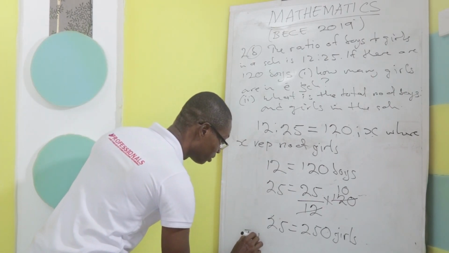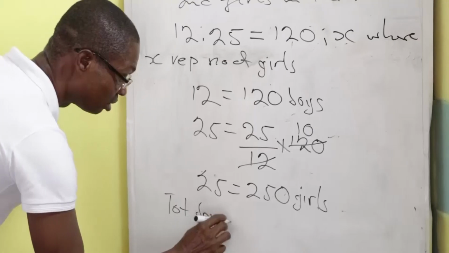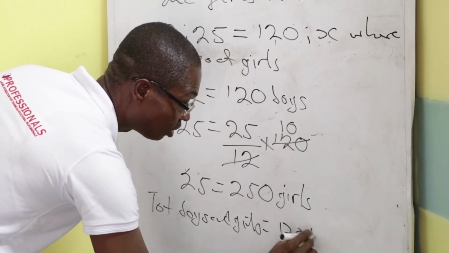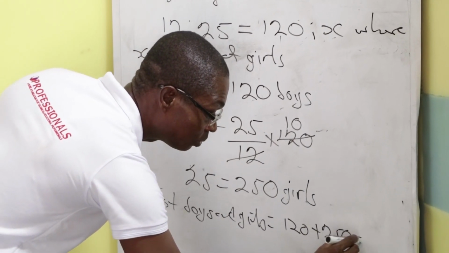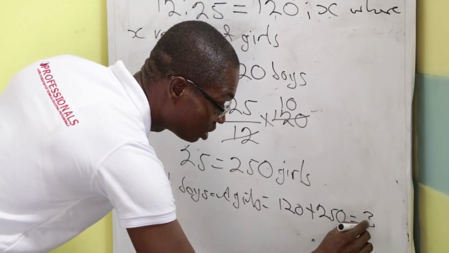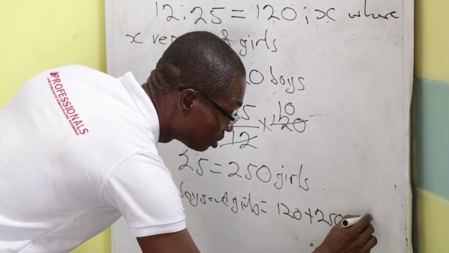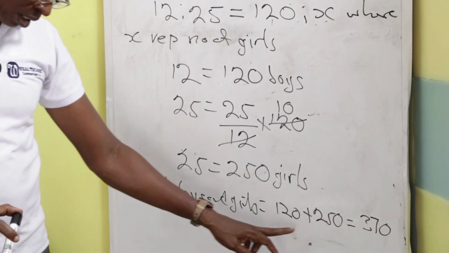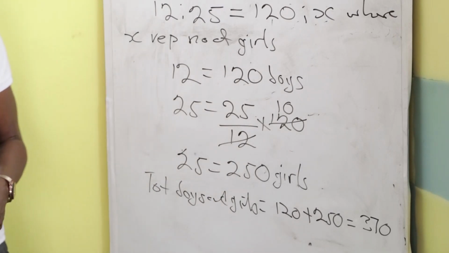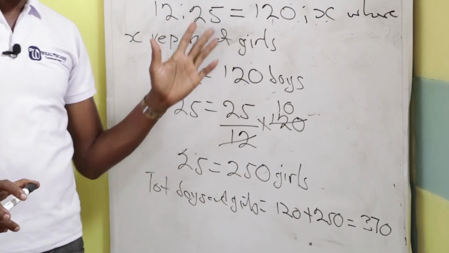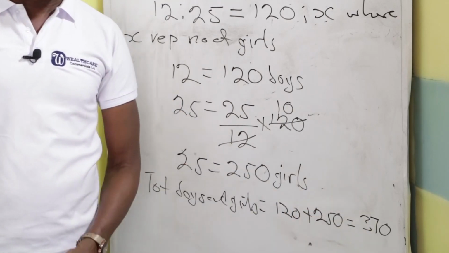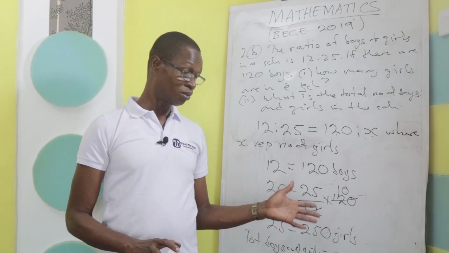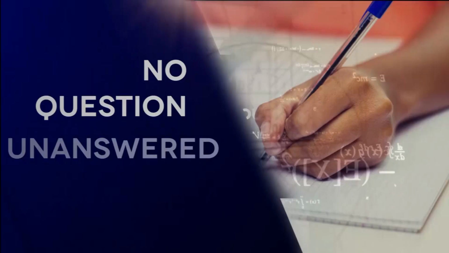Total boys and girls is 120 plus 250, giving you 370. So the total number of boys and girls, we have 370. That's simple. So with this, we go to the next question.